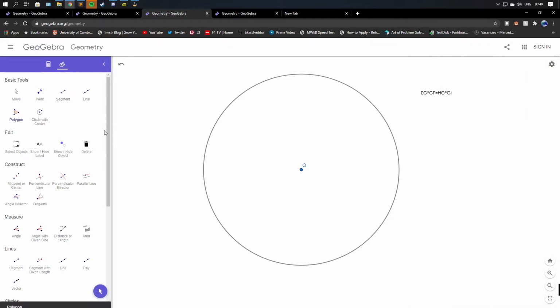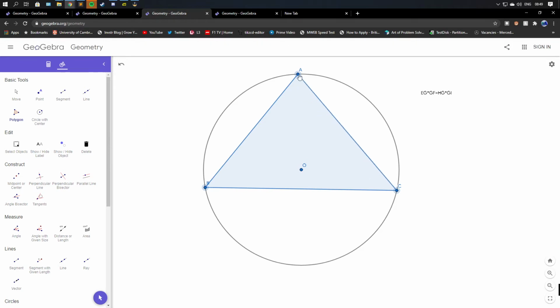Right, then we're going to need an acute angle triangle ABC. A, B, C. Then we have points, sorry, not M and N, P and Q.